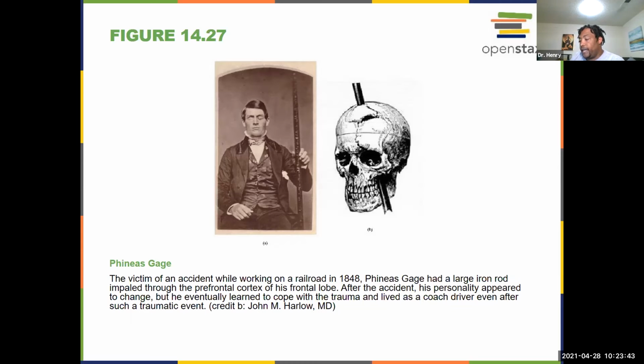After the accident, he had personality changes, and he also had issues with memory as well.